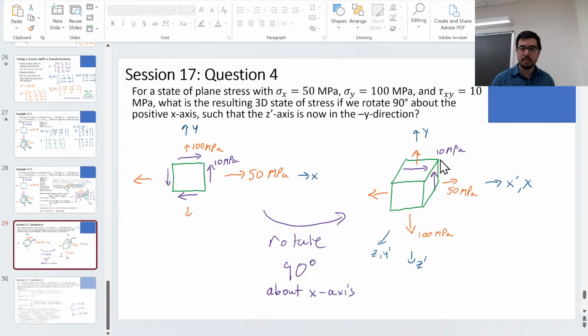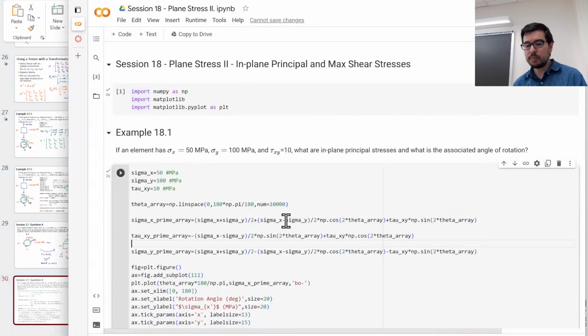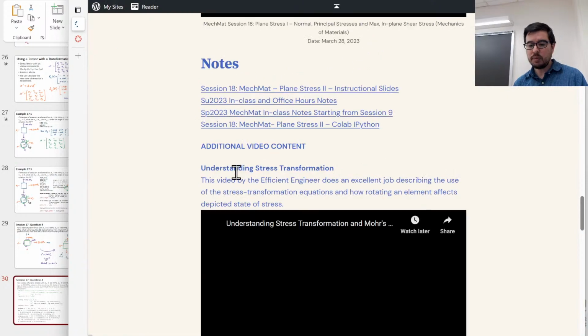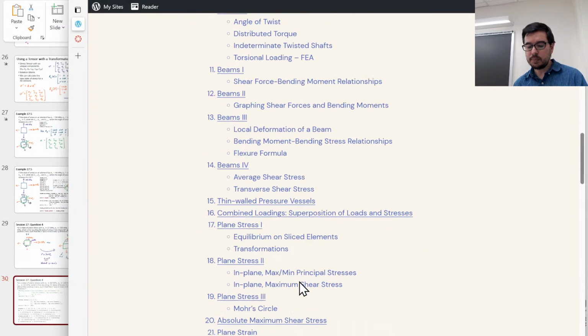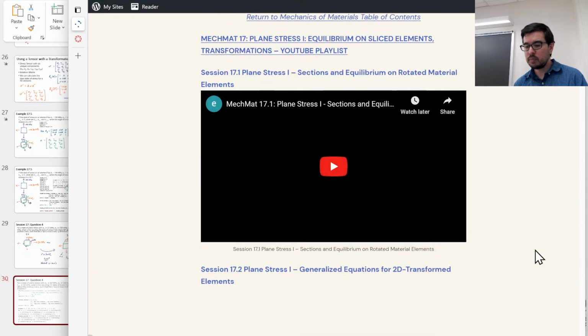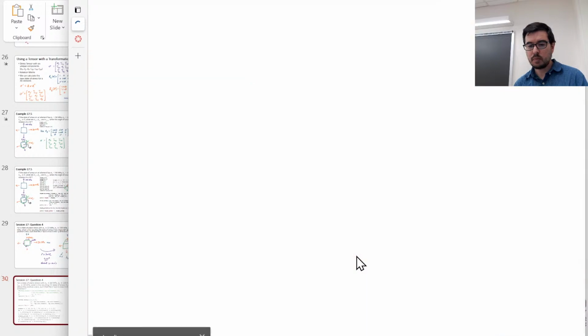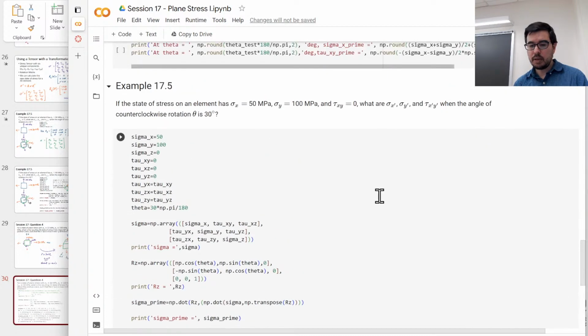The other way to do this problem is actually to use the rotation matrices, which we discussed. So plug in these values, and you have this collab in session 17, example 17.5.